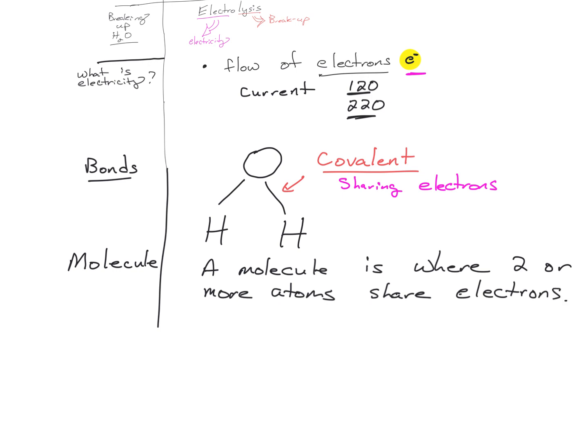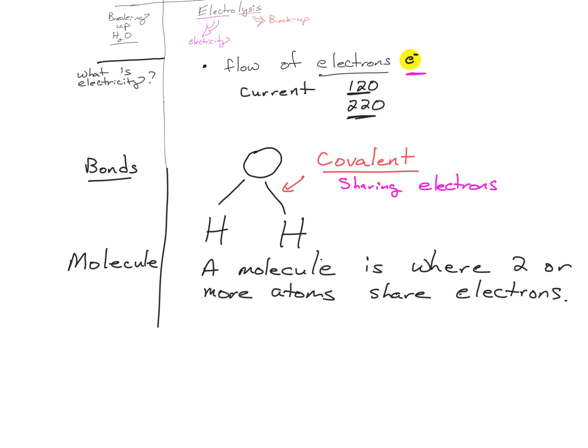So when you have two or more atoms sharing an electron, we call it a molecule. If they're not sharing electrons, it's not a molecule.